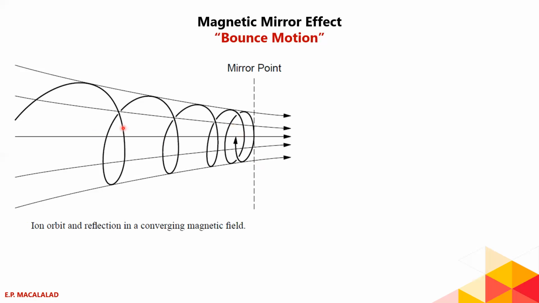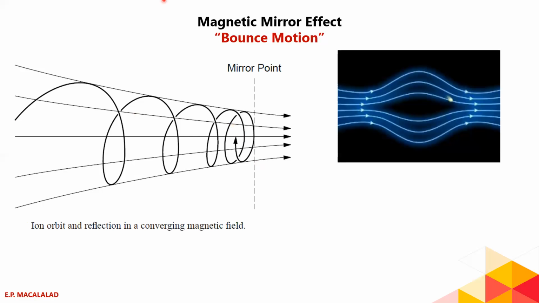Now, if we have some sort of a bottle-like magnetic field configuration just like this, wherein at the left and at the right, the magnetic field is squeezed in, and then we have a weak magnetic field in between them.